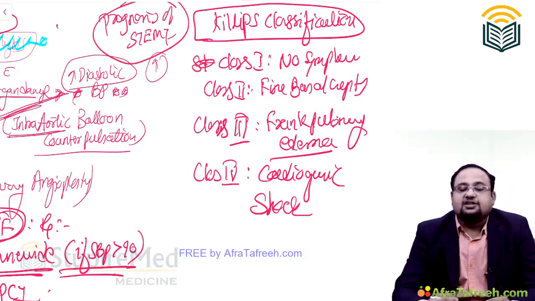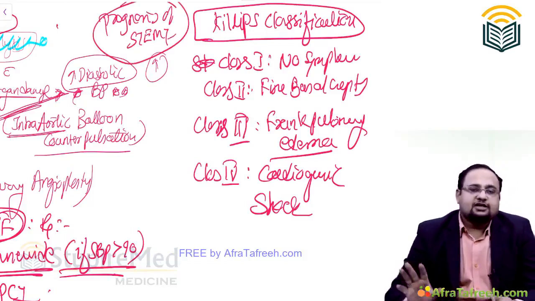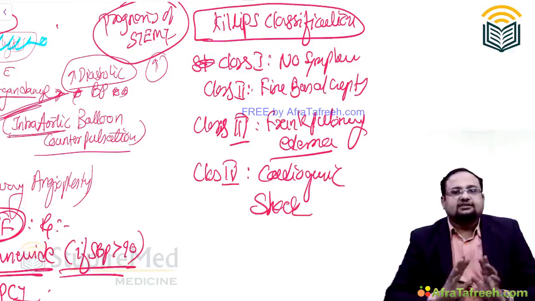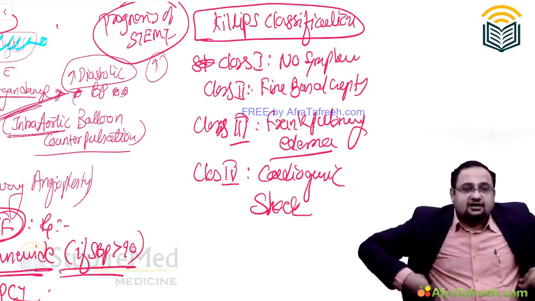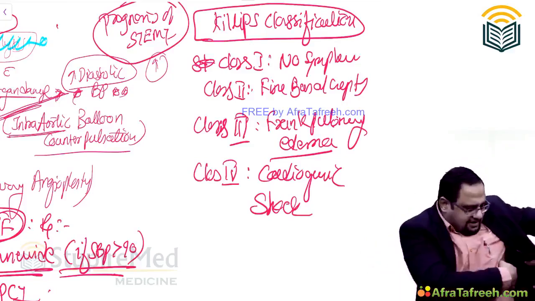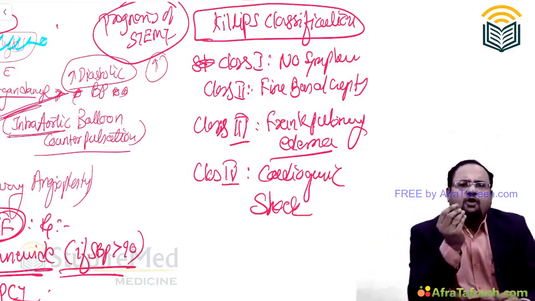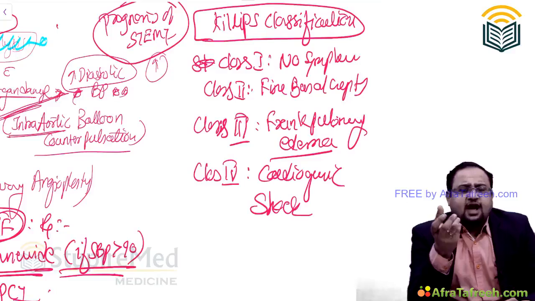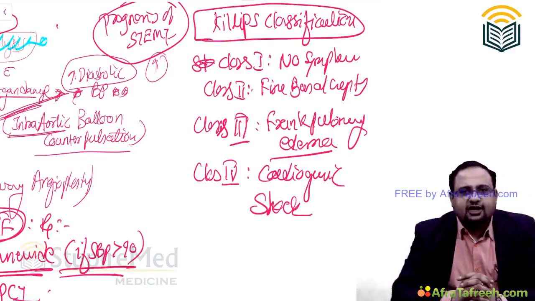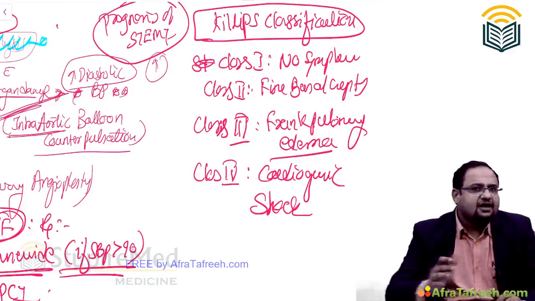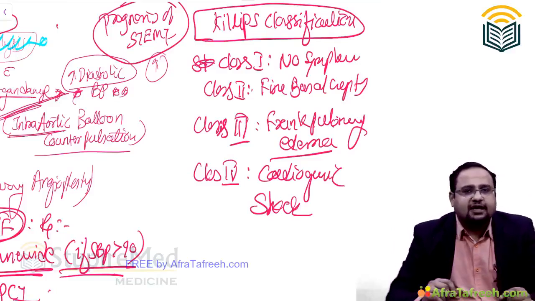So what is that classification? Class 1 means the patient has no symptoms, no breathlessness, no symptoms of heart failure. Class 2 is if you keep the stethoscope basally here and here, you will hear small crepitations. However, at the apex you won't hear any crepitations. That means it is early failure. The patient has not yet developed frank pulmonary edema.